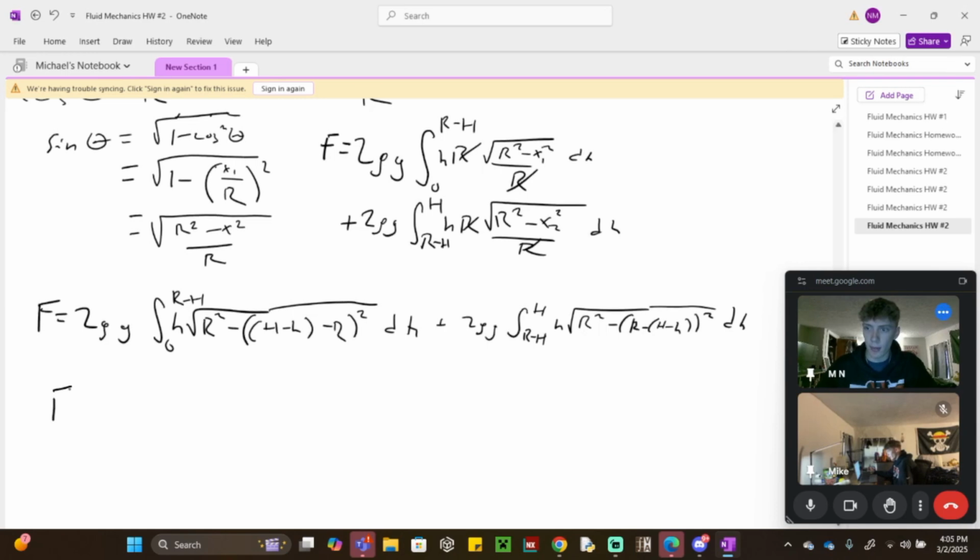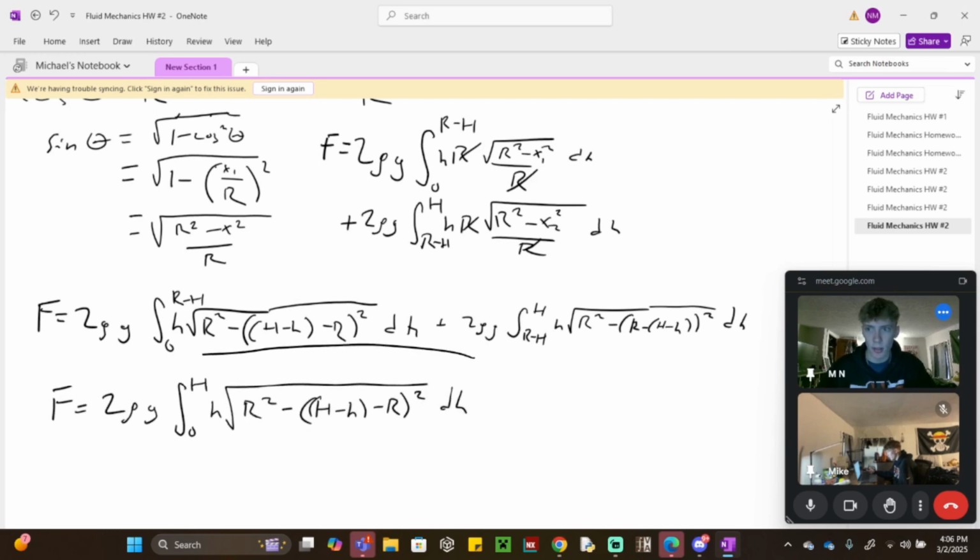So we'll get F is equal to 2 rho g from 0 to H of h square root of R squared minus H minus h minus R squared dh.